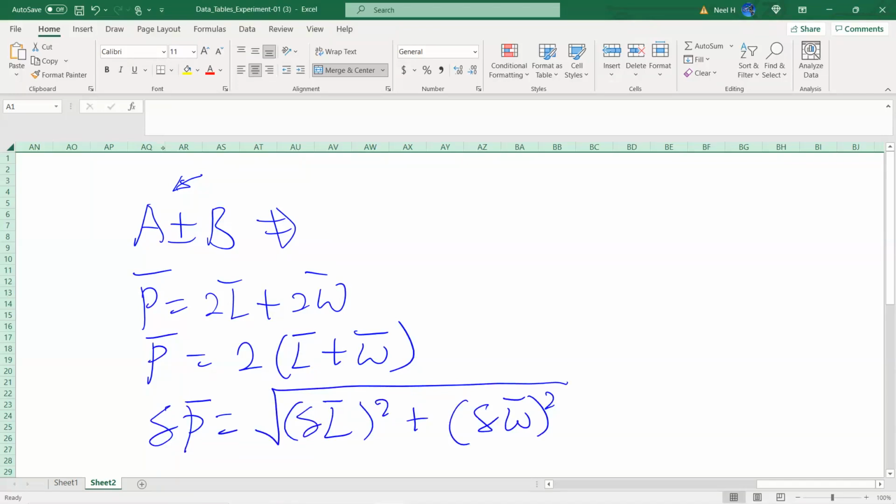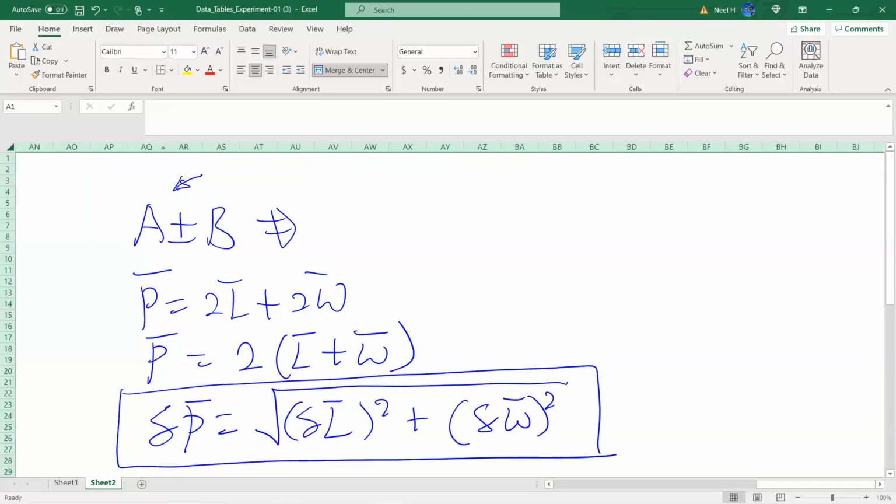This is one way of doing this. In some textbooks you will see it without the power; the error can be written as delta L bar plus delta W bar, nothing technically wrong. But in statistical error analysis, we actually consider both plus and minus.